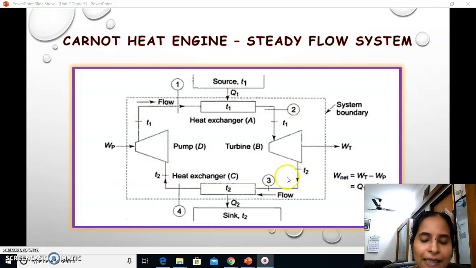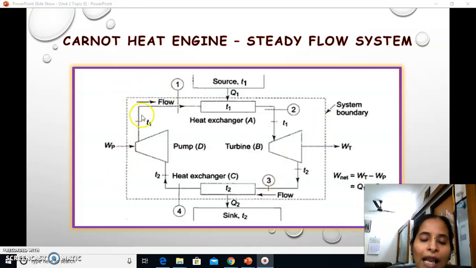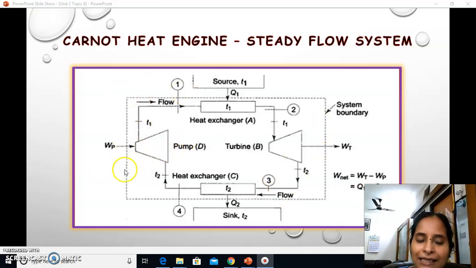As far as the working substance circulation is concerned, whatever mass comes inside the system exactly comes out, and the total heat energy coming in is exactly equal to the net work output from the system. So here we can write W net equal to WT minus WP, which is exactly equal to Q net, that is Q1 minus Q2. This is the system boundary, and we are considering the amount of substance being circulated inside the system.